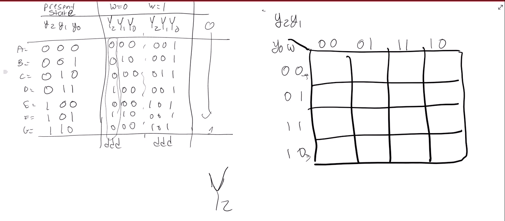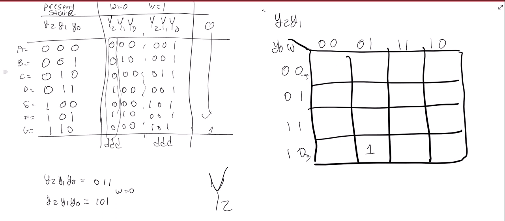So the ones that have 1s are Y2, Y1, Y0 equals 0, 1, 1, and Y2, Y1, Y0 equals 1, 0, 1. And both of those were with W equals 0. So Y2, Y1 is 0, 1, and Y0 is 1, and W is 0 is right here.